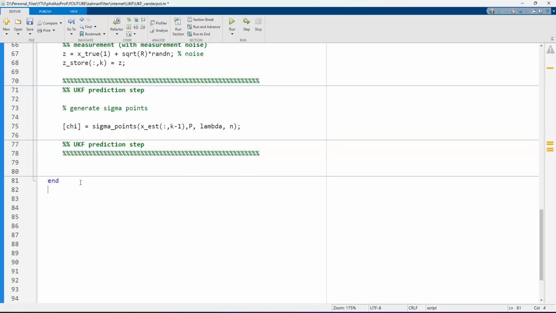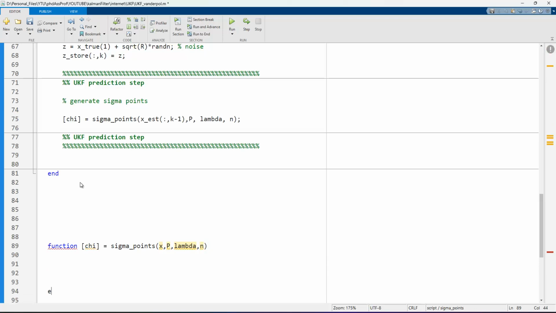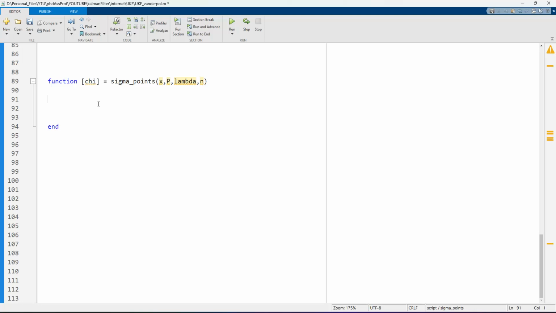And so how we can implement this function of these terms, chi equals the sigma points of x, p, lambda and n. And so just remember our algorithm, which is derived on our written page. And so first of all we need to calculate the square root of n plus lambda times p value, right?